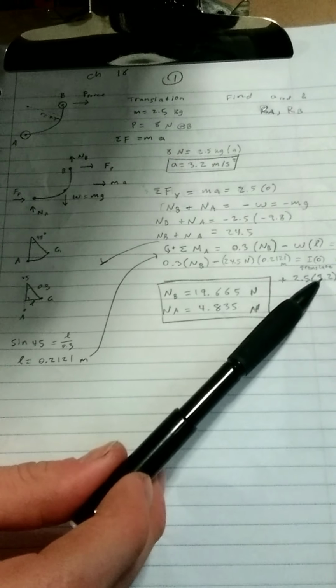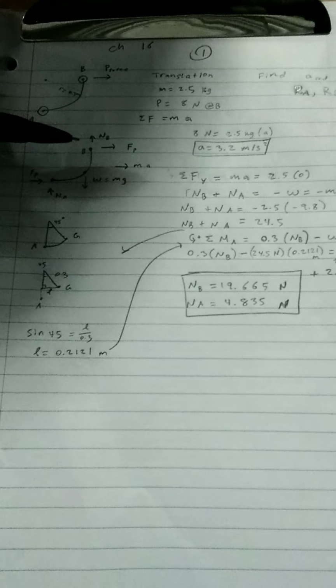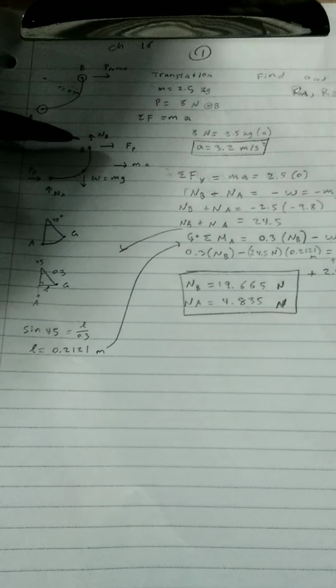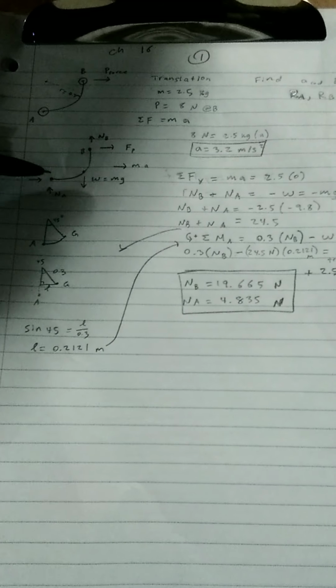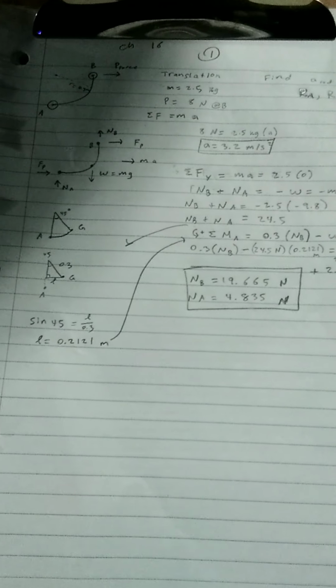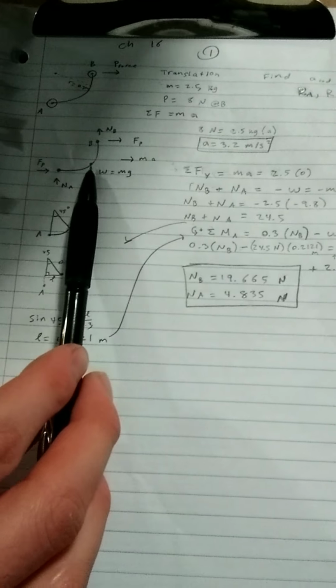Our acceleration is 3.2 meters per second squared, and our perpendicular distance is going to be the distance between here and here, which is 0.3 minus 0.2121.